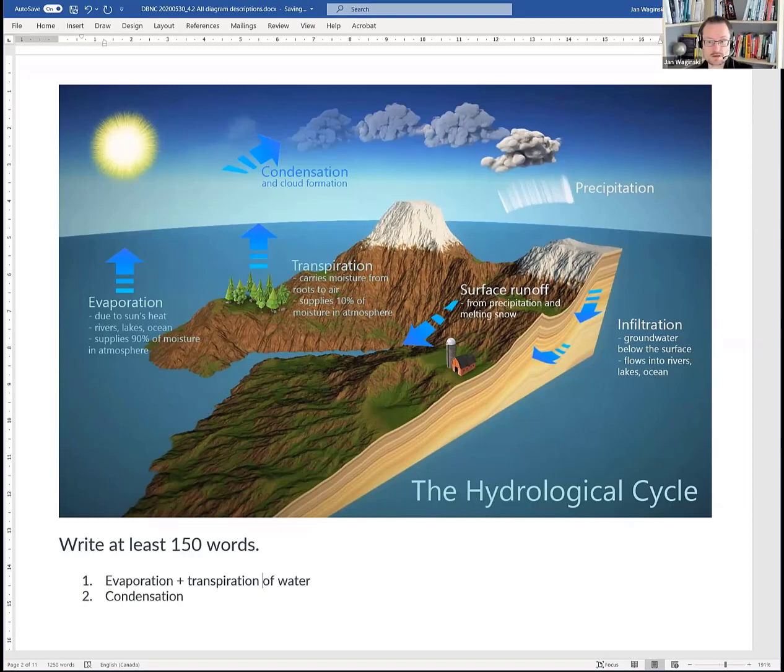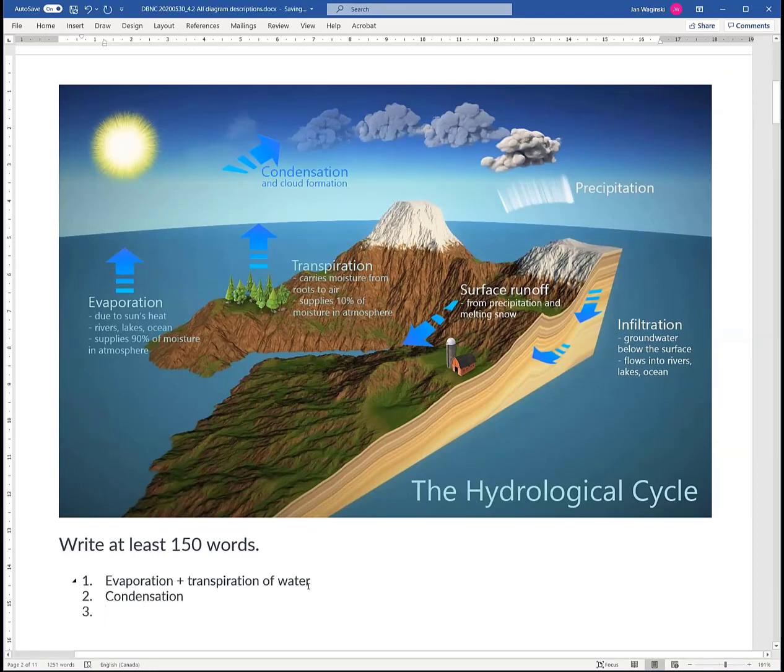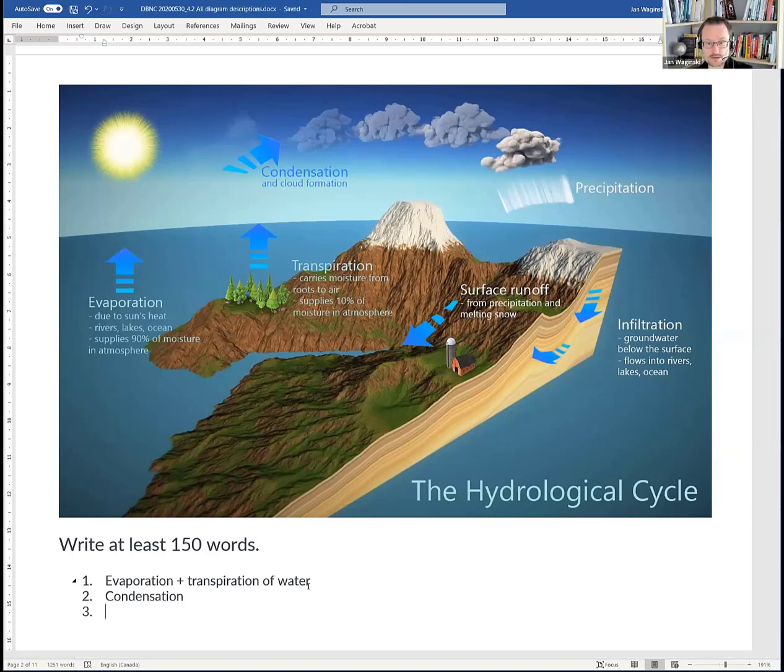Okay, then we've got condensation. After condensation, precipitation. Okay, can we bundle those together? Accumulation of the water in the air by evaporation and transpiration.